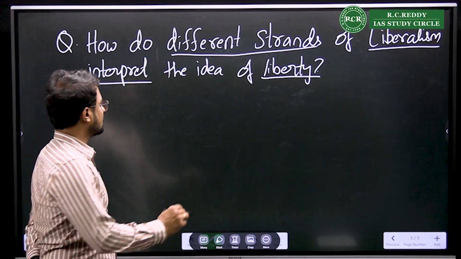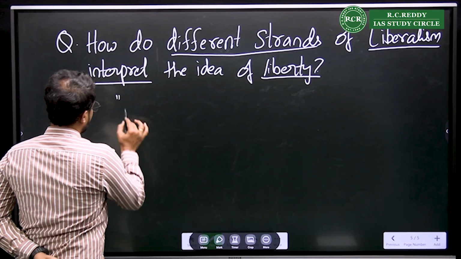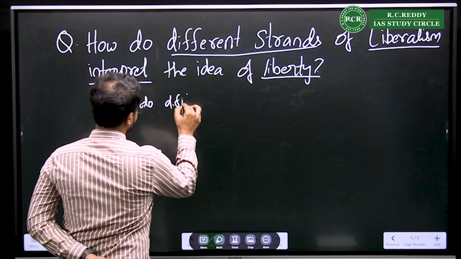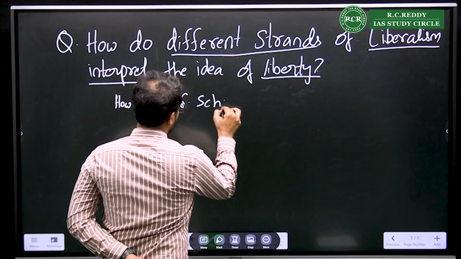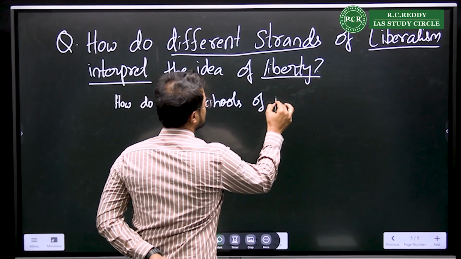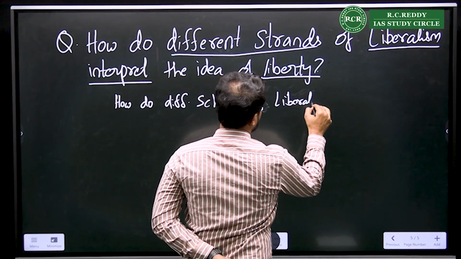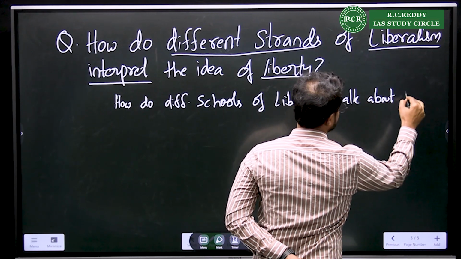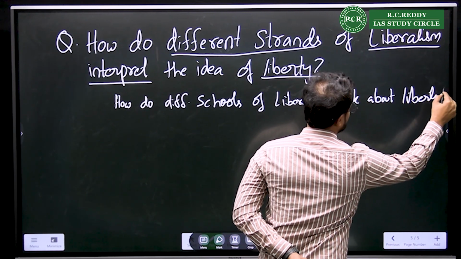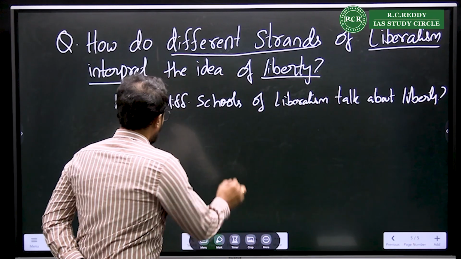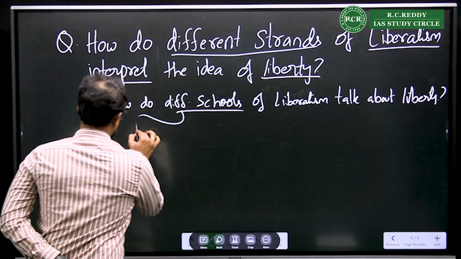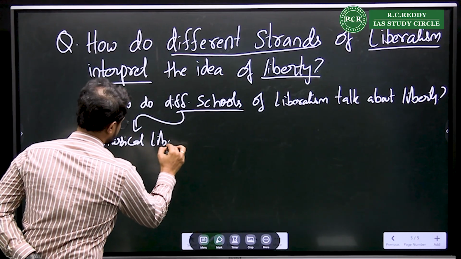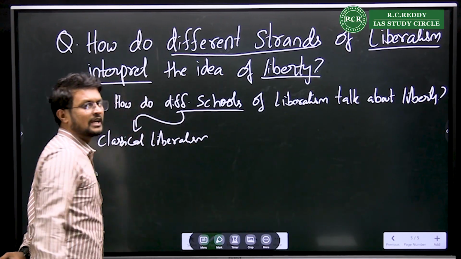So, the question tries to rephrase, if we see, it says, how do different schools of liberalism talk about liberty? Right? So, identify what are the different schools. You have classical liberalism, right?